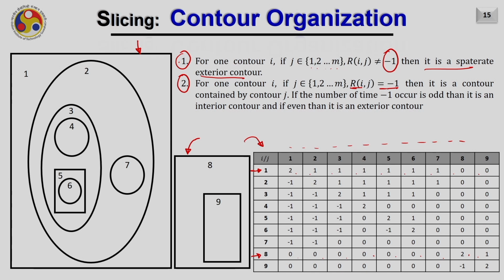Then it means it is a contour contained by jth contour. And if the number of times -1 is occurring is odd, then it is an interior contour, and if it is even, then it is an exterior contour.